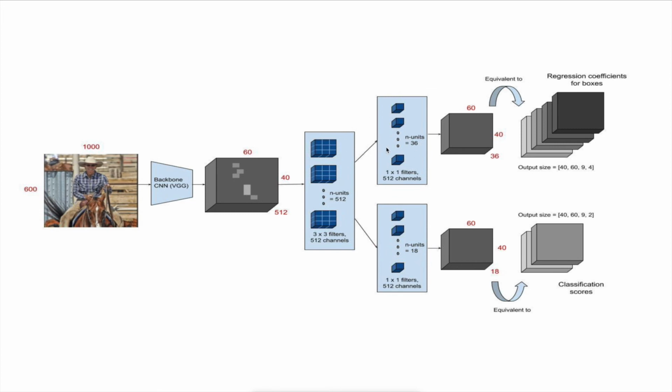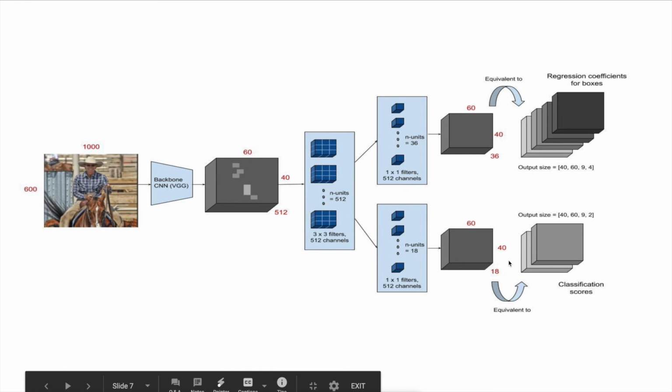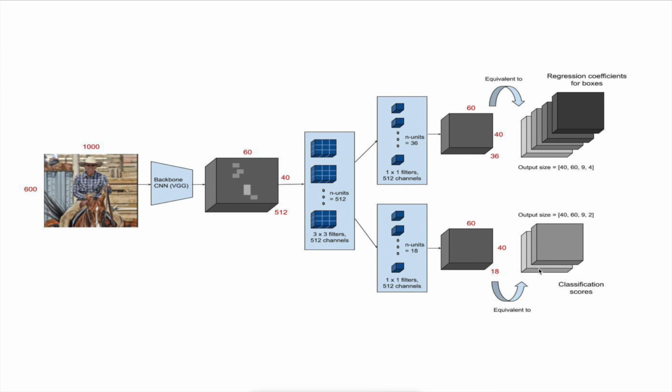This will pass to the regression model, which will predict the bounding box coordinates, and this will pass to the classification network. In classification there are two classes, one class for object and another class for background. So a region might be an object or might be a blank background.